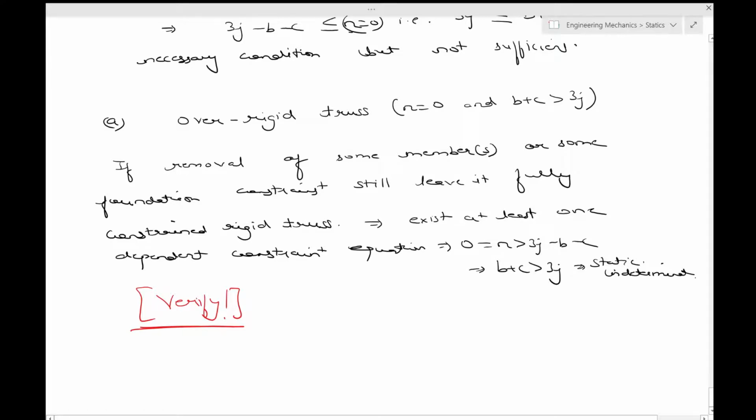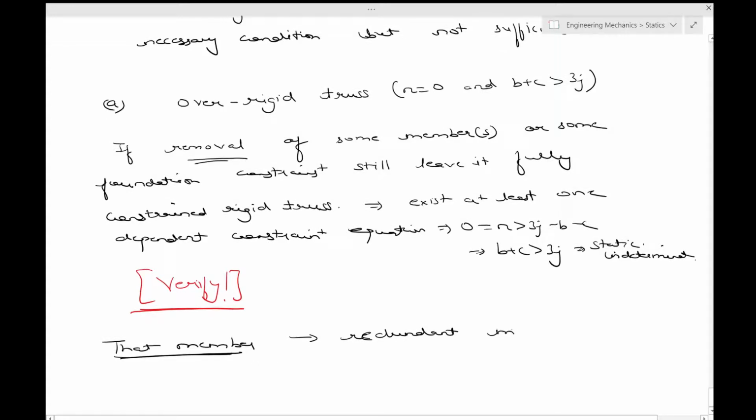Okay, so that member which can be removed, that removal, is called a redundant member, and the corresponding truss is called internally redundant.